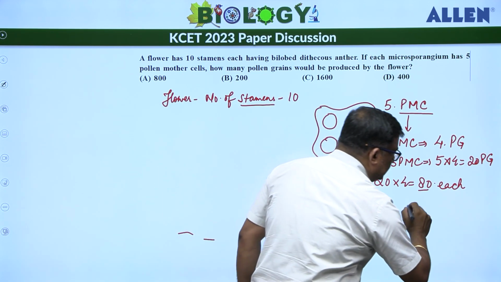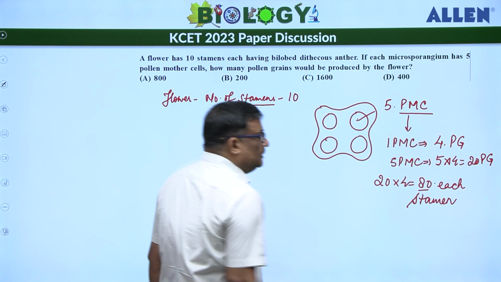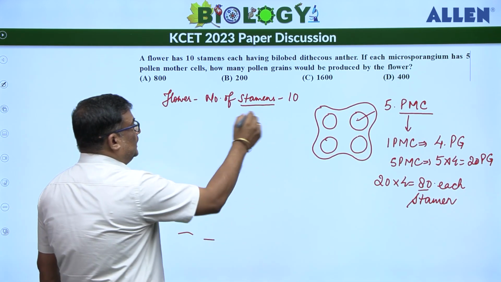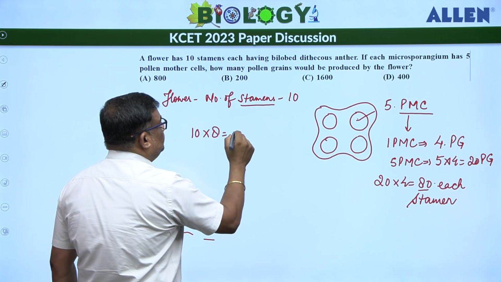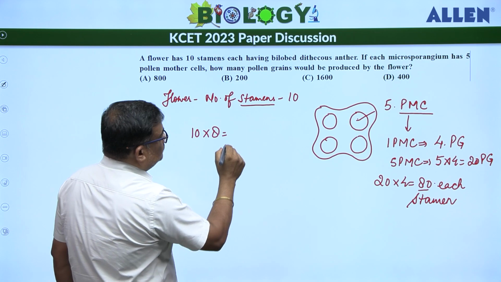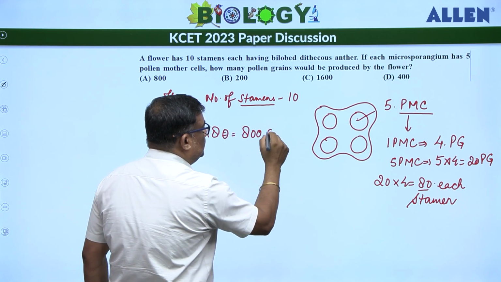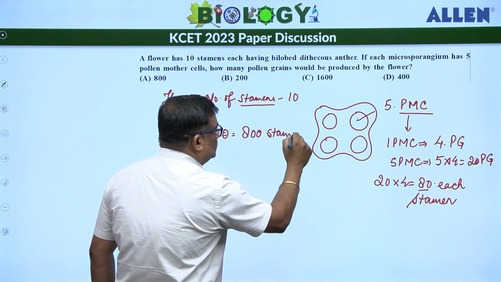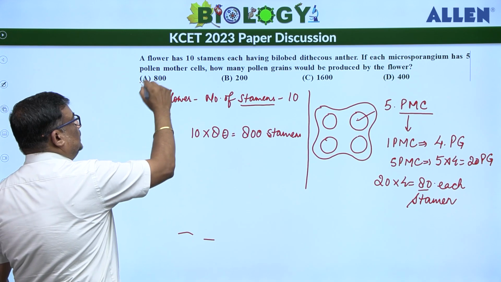In each stamen. Now how many stamens are there? 10. So it becomes 10 into 80, it will become 800. So is there any answer? 800.